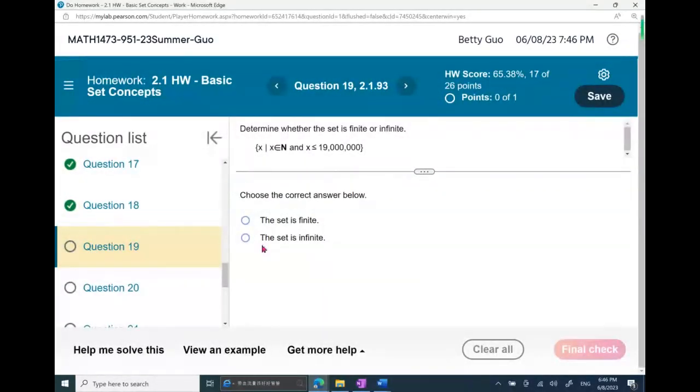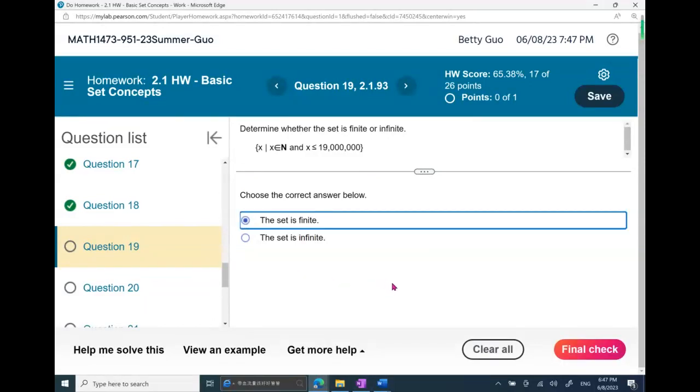And this one is finite or infinite? That's a huge number, 19 million. Would this one be finite? Perfect. Even though the cardinal number is 19 million, huge, it is finite, because the cardinal number is a finite number, so it's limited.